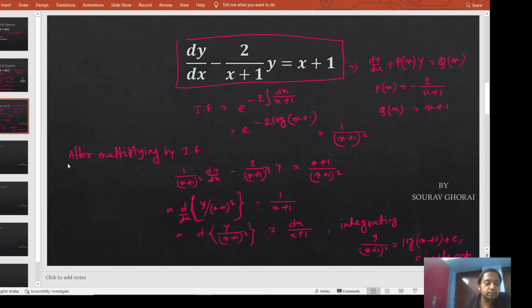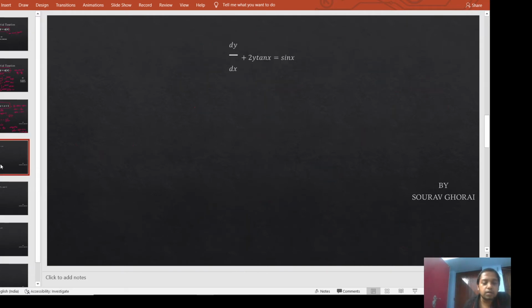Here is the problem: dy/dx plus 2y tan x is equal to sin x.